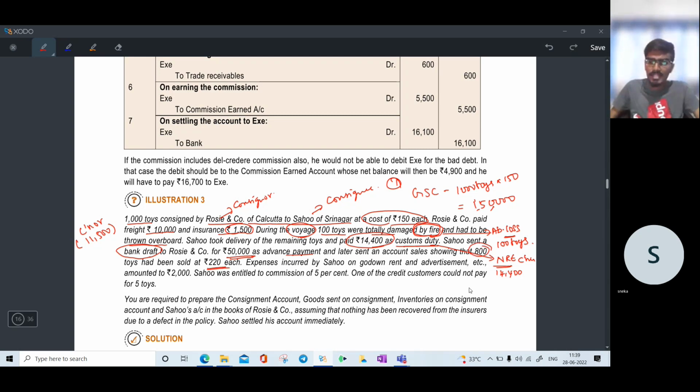What is the total sales? 800 into 220. Use a calculator and tell me. This is your working note number 2.